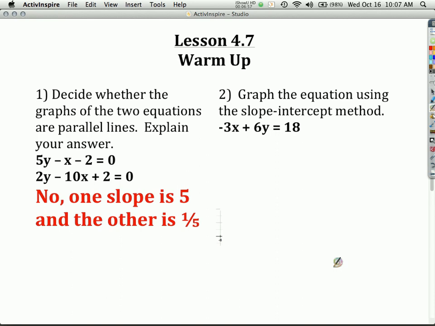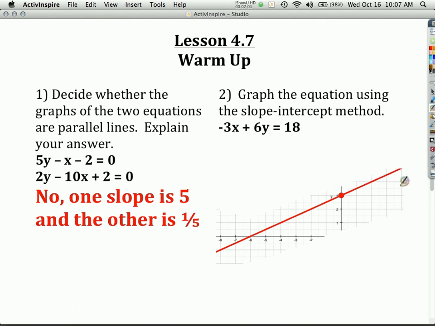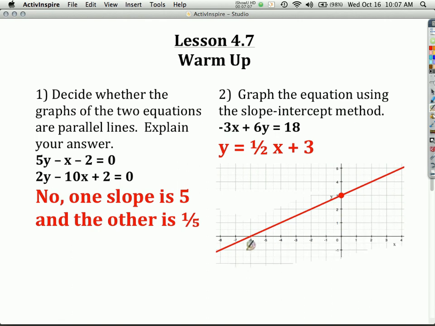Number 2, I asked you to graph the equation. Here is what your graph should have looked like. And here is the equation in slope-intercept form. I put the y-intercept on the graph just so you could see it.